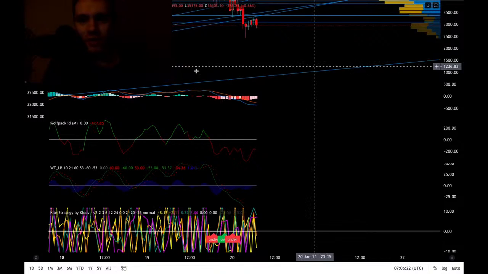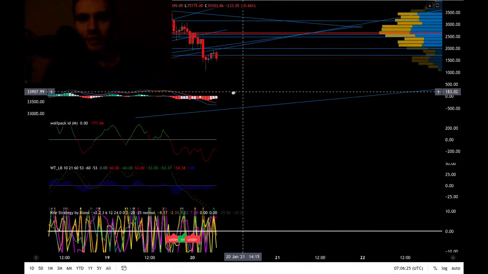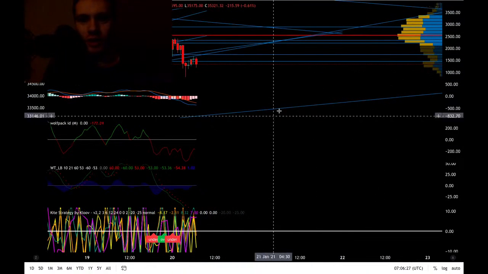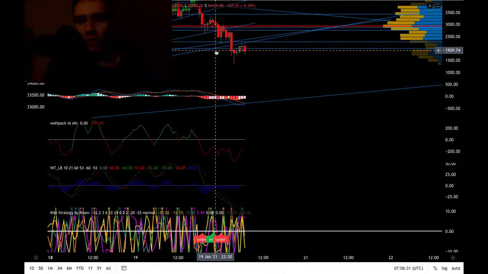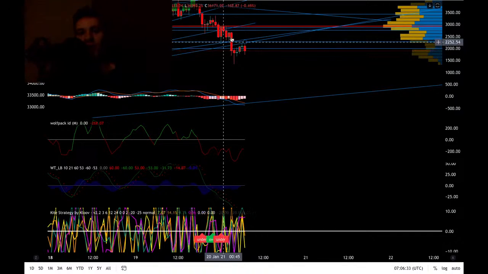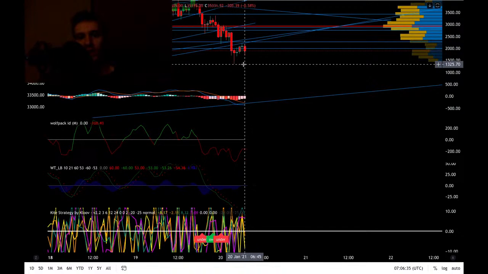But we're outside of this consolidation triangle right here. Basically, we broke out of one of them. We broke out of a few of our different support lines that we had earlier. We had a little bit of a wick.